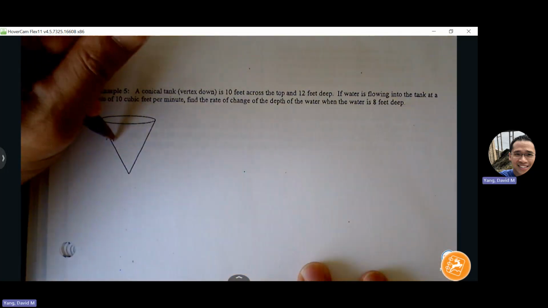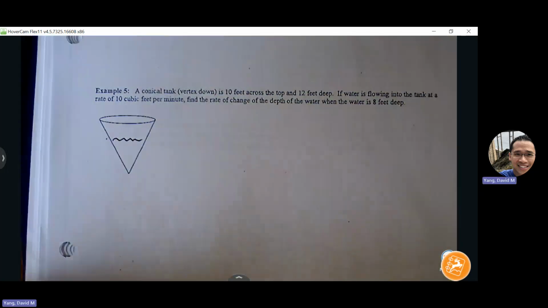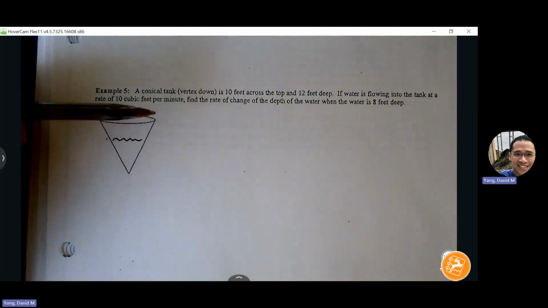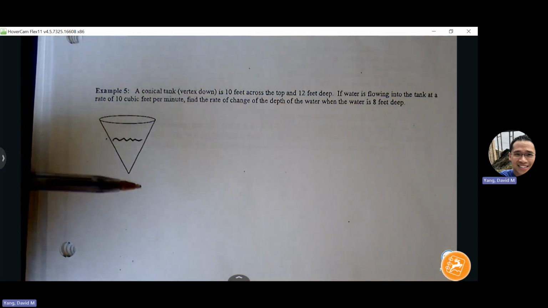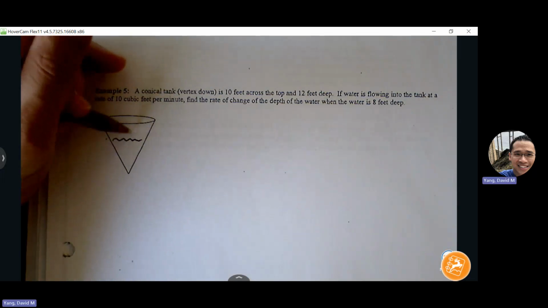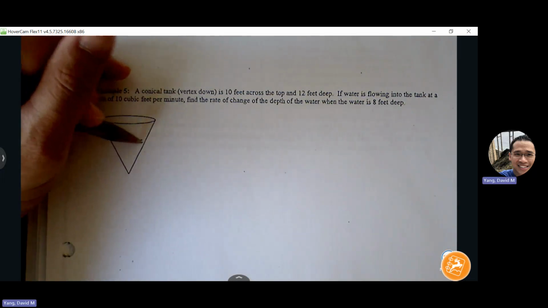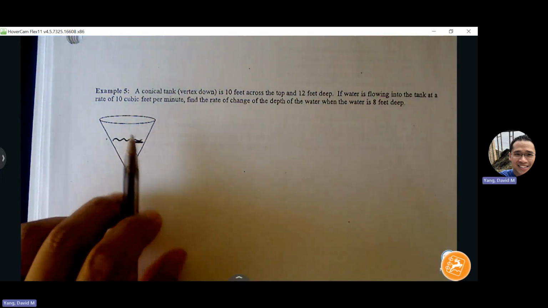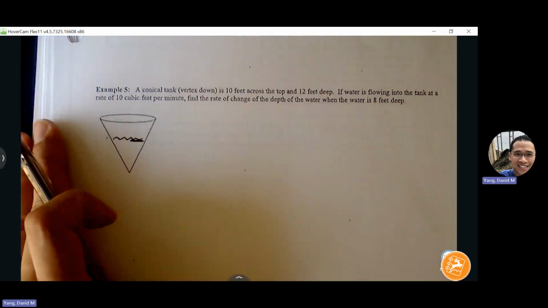If you can imagine that there is some water level inside this tank and we see that water is flowing into the tank, so you expect that water to be rising, right? As it rises, your height is changing and the radius of the cone of this water level is also changing. So we have all these moving parts that we have to keep track of.